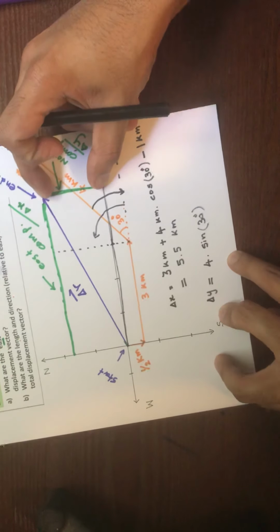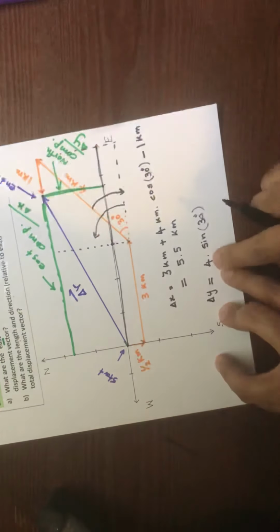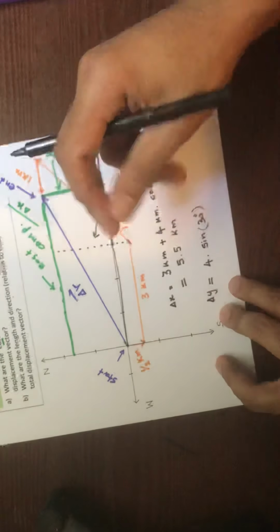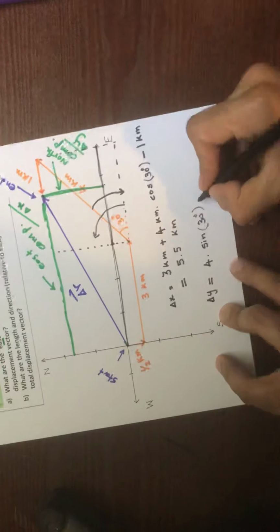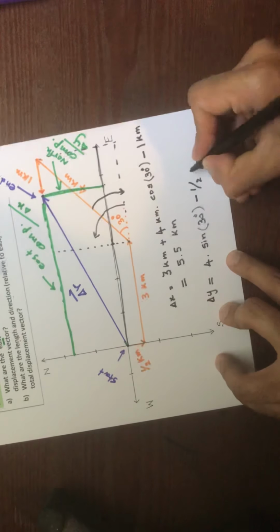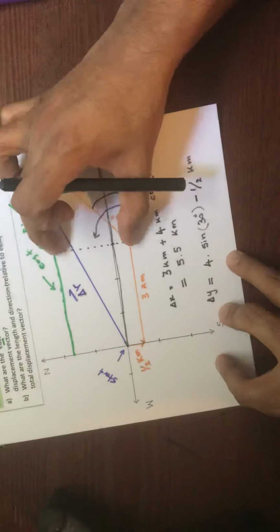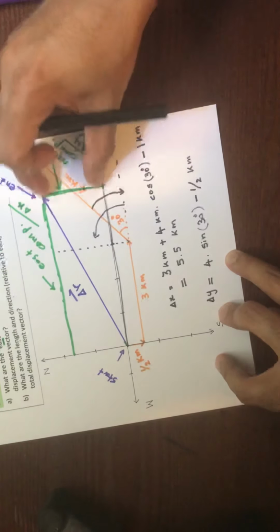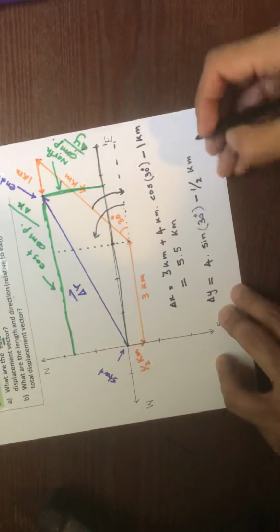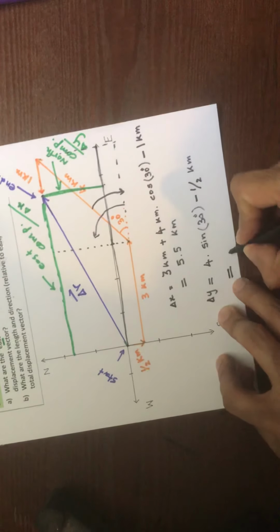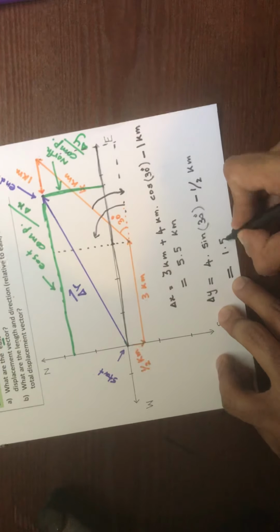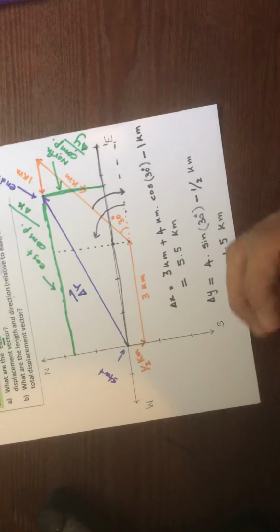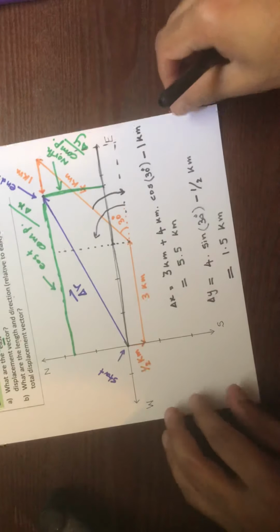If I do this part, I am getting everything, but this is moving in the negative direction. If I subtract 1/2 kilometer from this part, I am getting the north component, delta y. This is equal to 1.5 kilometers. Again, this is because I did the calculation ahead of time.